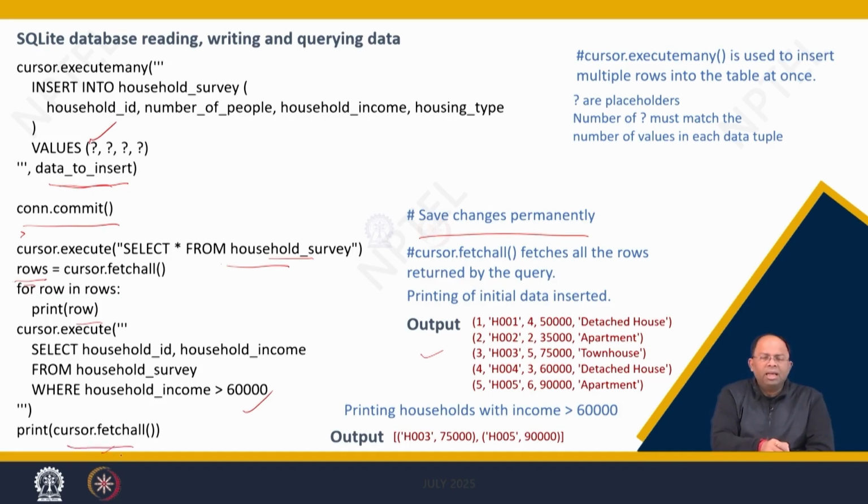But here we are directly passing cursor.fetchAll into the print command, and it gets printed directly. It doesn't have to go via rows. The output would be something like this, where these are the households where the household income is greater than 60,000, that we can see over here.